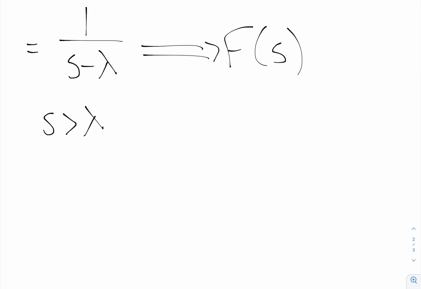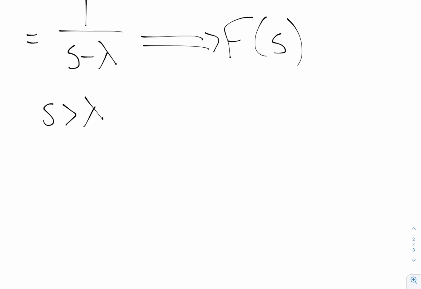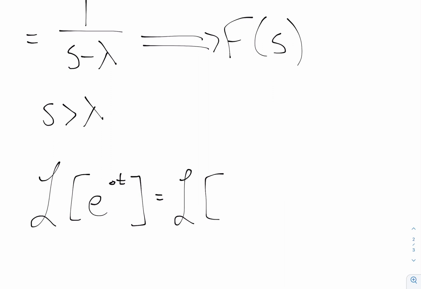Okay, cool. And notice if we chose lambda to be 0, for example, we took the Laplace transform of e to the lambda t, so this would be e to the 0t. That's going to equal, well, e to the 0t, that's just 1, right? Because it's e to the 0, so it's the Laplace transform of 1. Well, that's kind of cool.